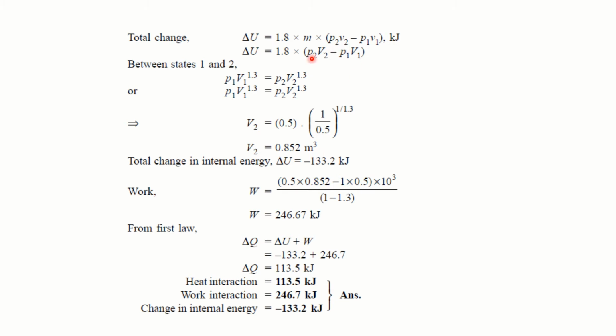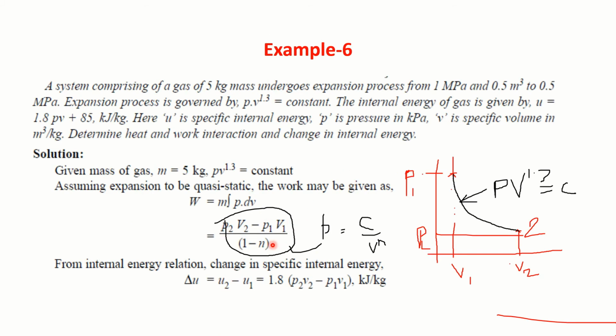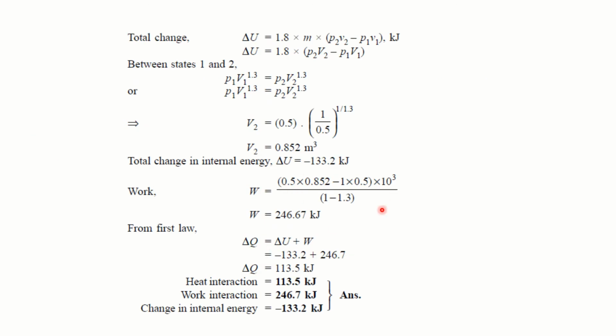So go back, you know P2, now you know V2, you know P1, you know V1, substituting, you will be getting internal energy change. Same way, you go back to this equation, substitute those values, you will get the work done.